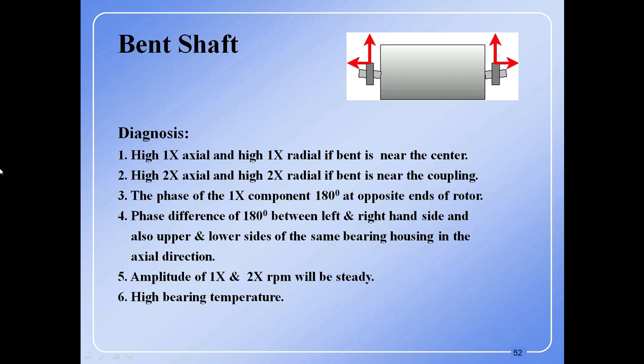Fourth point, a phase difference of 180 degrees between left and right sides and also upper and lower sides of the same bearing housing in the axial direction. Fifth point, amplitude of 1x and 2x RPM will be steady. Sixth point, high bearing temperature.